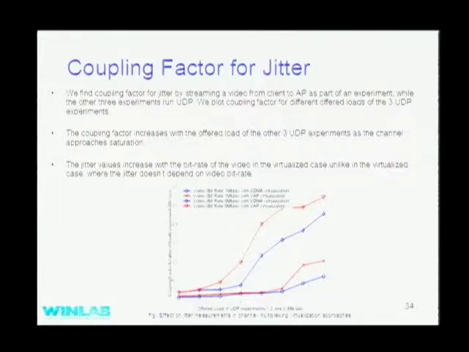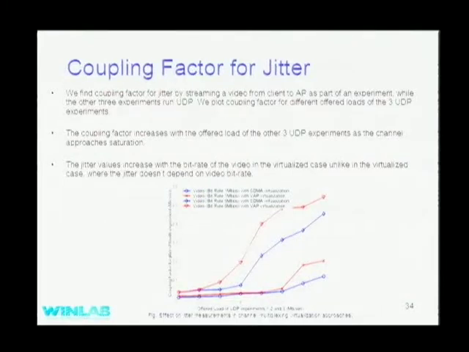non-virtualized cases. The lower 2 lines show the plot for the coupling factor when we used 2 videos: one with bitrate 1 Mbps and the other with bitrate 5 Mbps. The effect on 1 Mbps was obviously less than that of 5 Mbps.